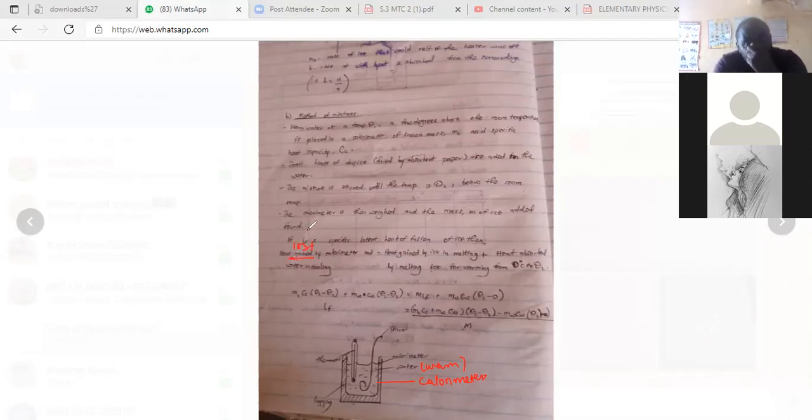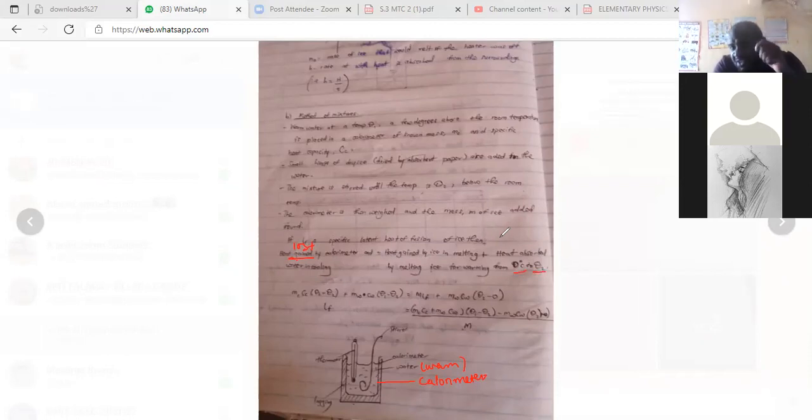Heat lost by the warm water and the calorimeter in cooling, because ice is going to cool the water and the calorimeter, is equal to the heat gained by ice in melting, which is the latent heat of fusion, plus the heat absorbed by the melted ice. So here we have the heat absorbed by ice from 0 to θ2 degrees.